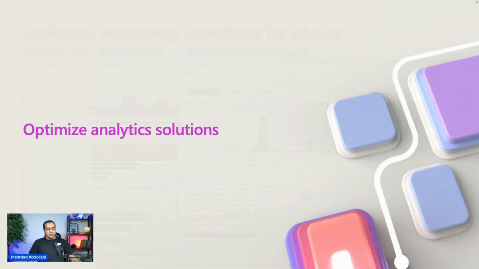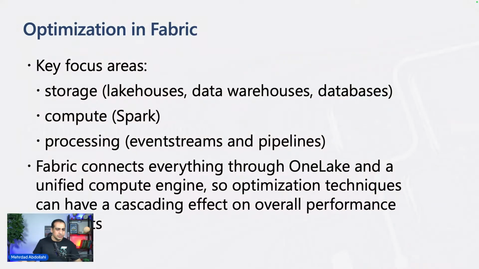When it comes to monitoring, we are always looking for something to improve, right? The first thing is going to be the optimization. Your focus will be in maybe three sections, right? Storage, compute, and processing.